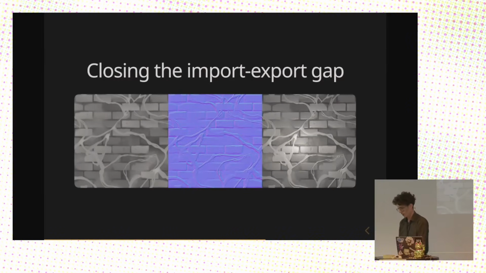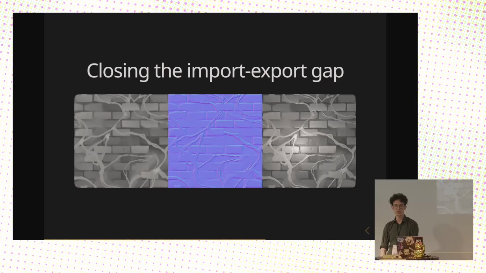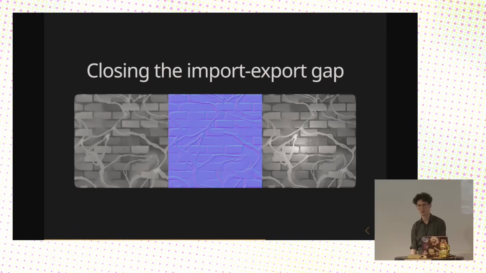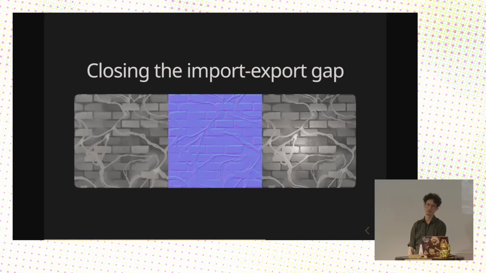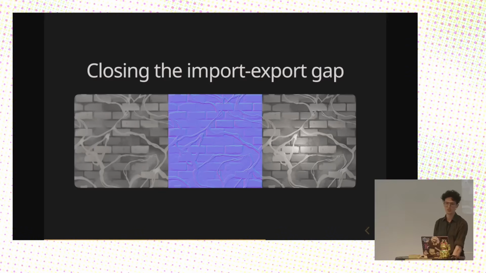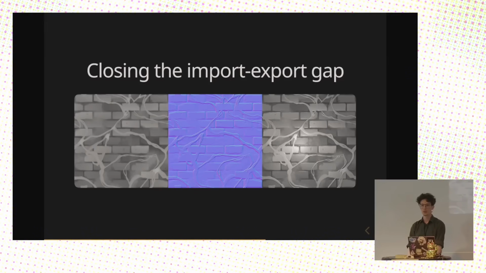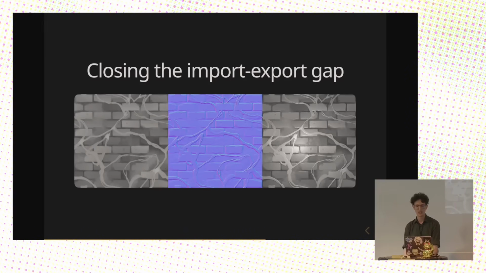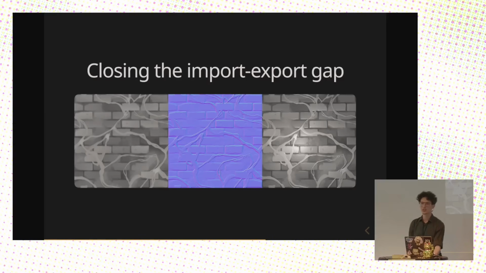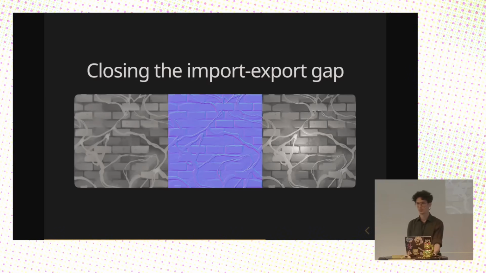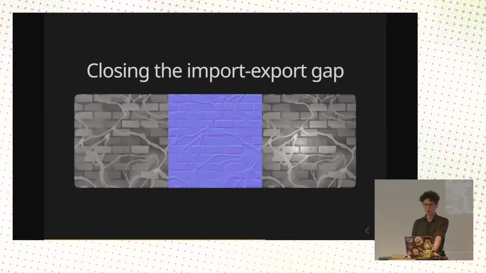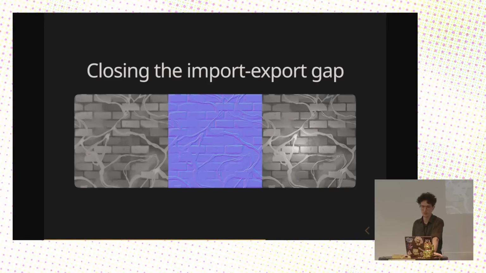So I want to look at a few examples of how node-based workflows can help with custom workflows or special needs. Here I have an example of creating normal maps. A normal map is a special kind of texture that is used mostly in game development to create this sort of 3D effect.